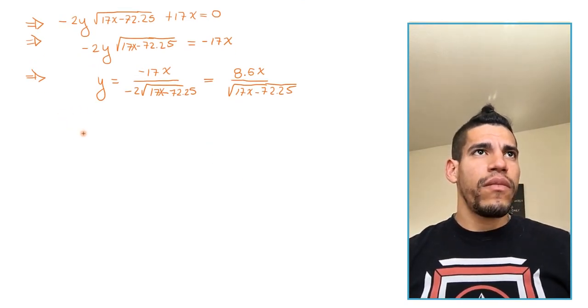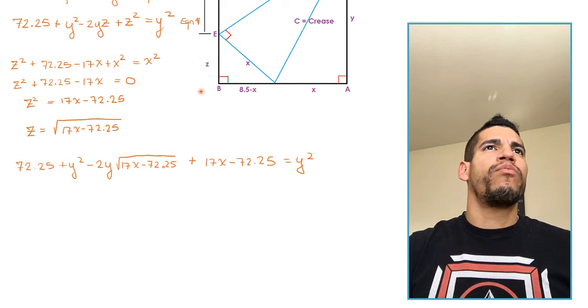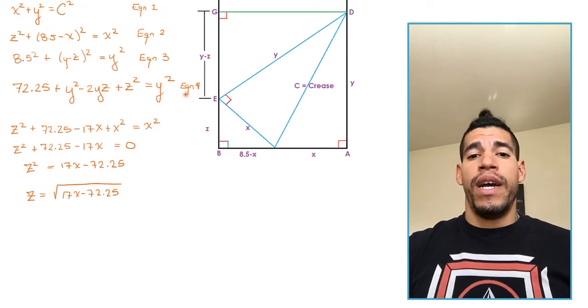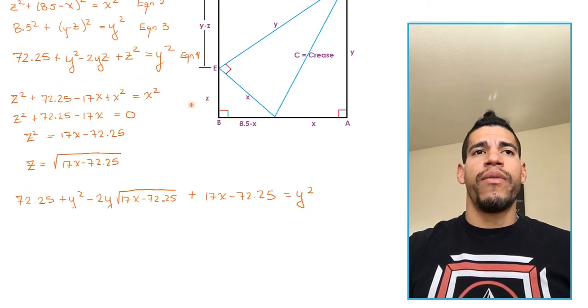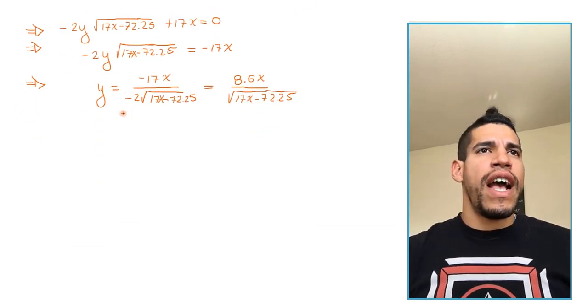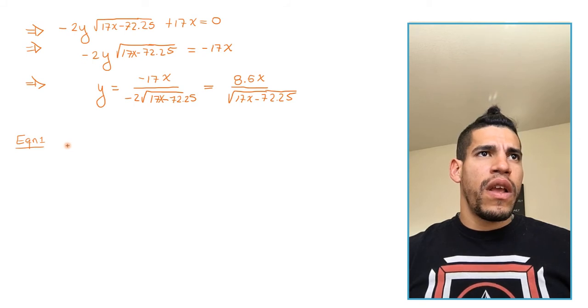Now, if we go back to the equation, what's the number I gave it? Equation 1, right? x squared plus y squared equals c squared. So if I plug into equation 1, you have x squared plus y squared.